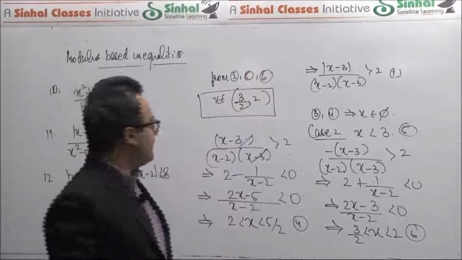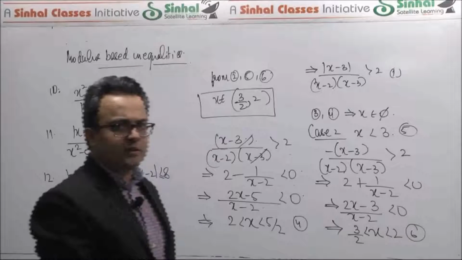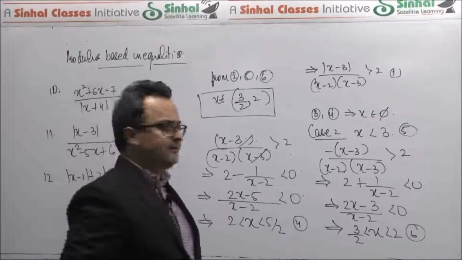Right, so again from 2, 5 and 6, x can take values between 3 by 2 and 2, and that is also then our final answer.